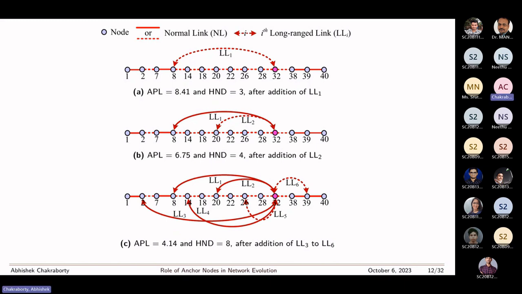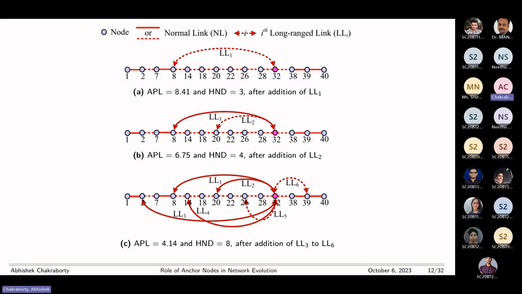So gradually, when we went for 2, 3, 4, 5 and 6 long links, you can see node 32 attracted all the long links when we are greedily optimizing the average path length of this particular network.